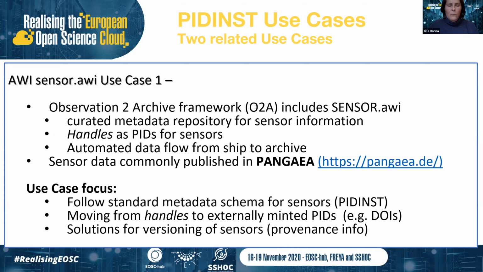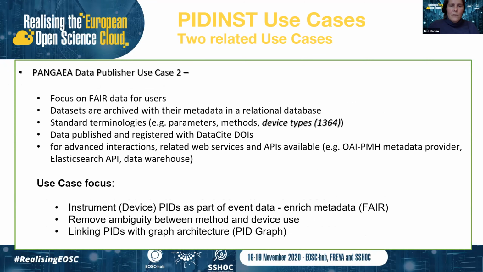I'm just taking you through the workflow to the point where they have gotten to, and then needed solutions for versioning of sensors. When sensors have certain parts exchanged, is it a new sensor? And Pangea is the data publisher for the data coming from this O2A workflow.